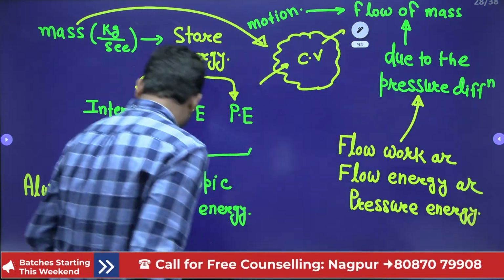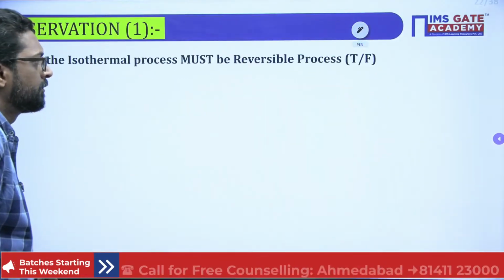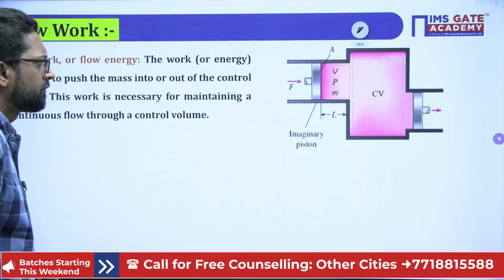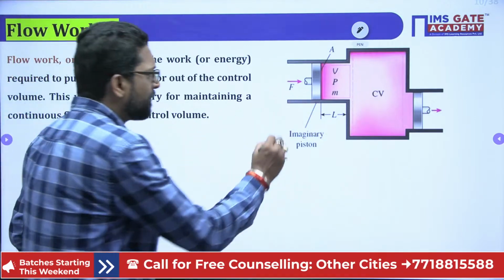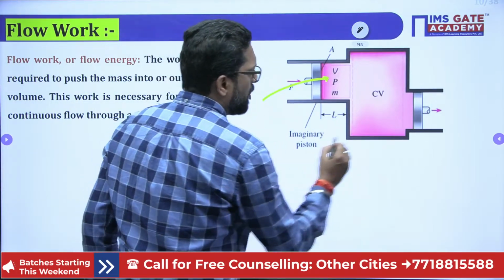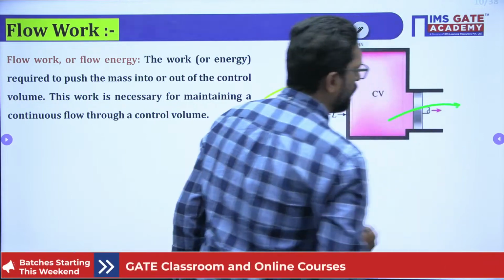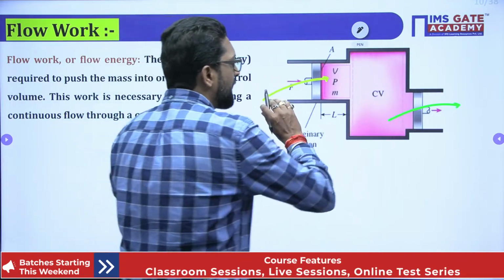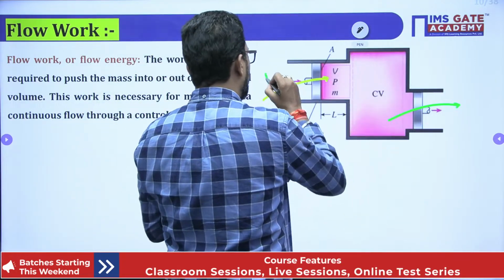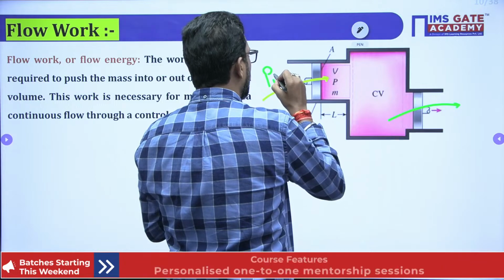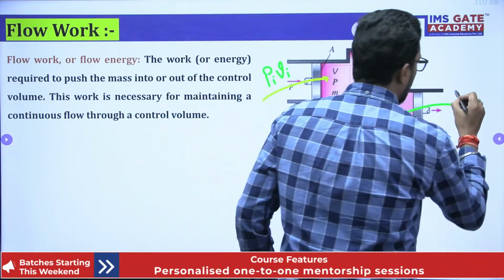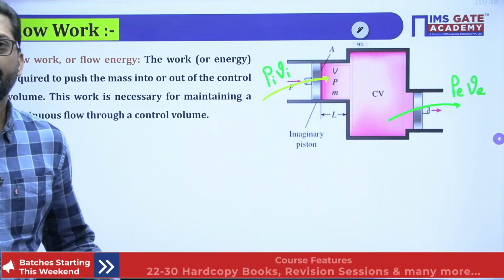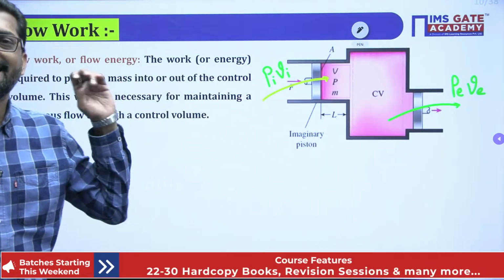Like that, beta, we already discussed. When something enters the control volume and something exits, there must be a flow energy, that means P into V, that is Pi Vi, P exit V exit. This energy will always be there due to the mass entering or exiting.